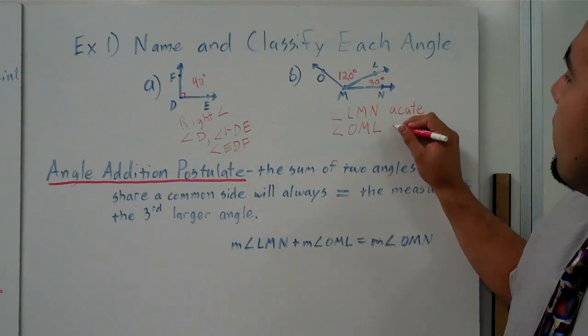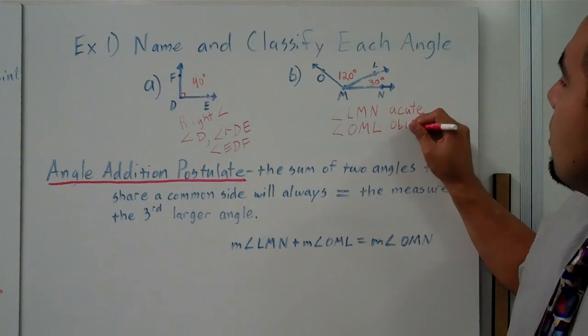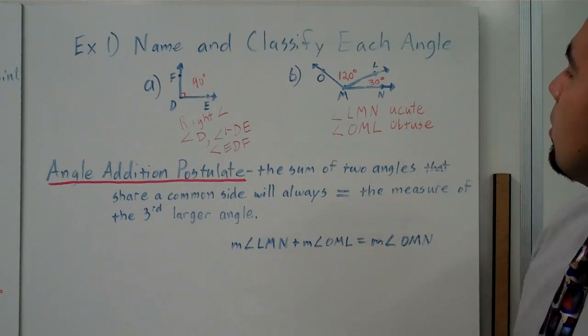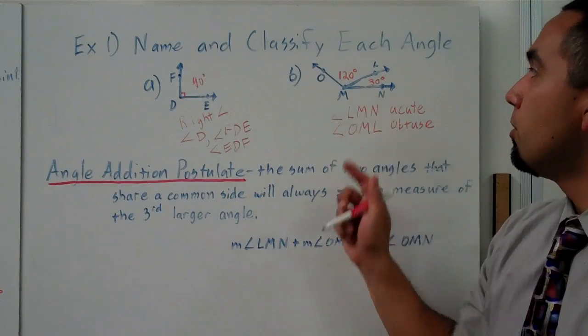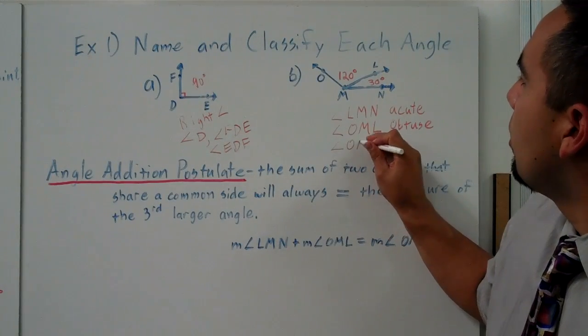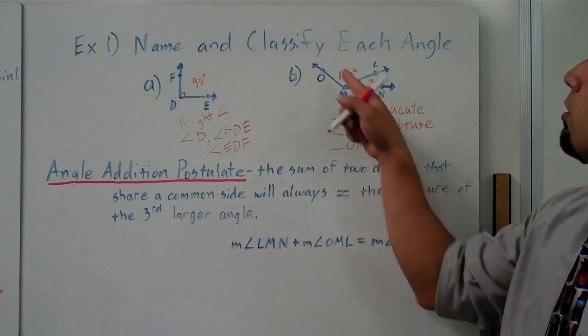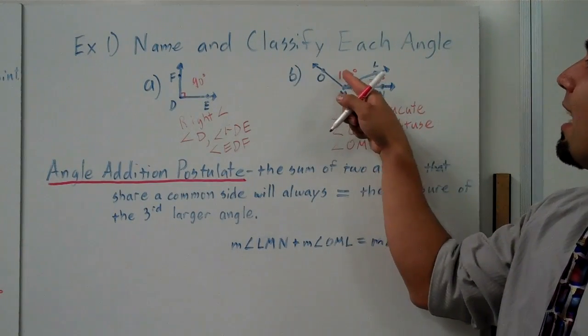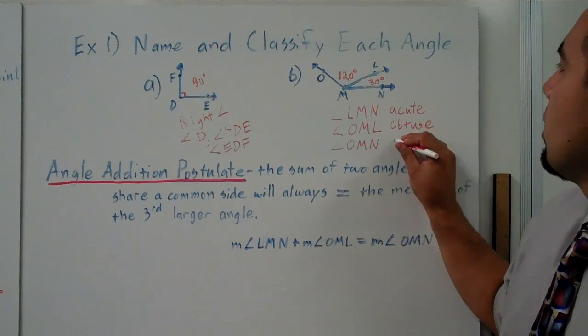And that is what kind of angle? It's an obtuse angle. And there's actually a third angle, the large one, which is angle OMN. Angle OMN is what we get if I add these two together. So it's obviously obtuse.